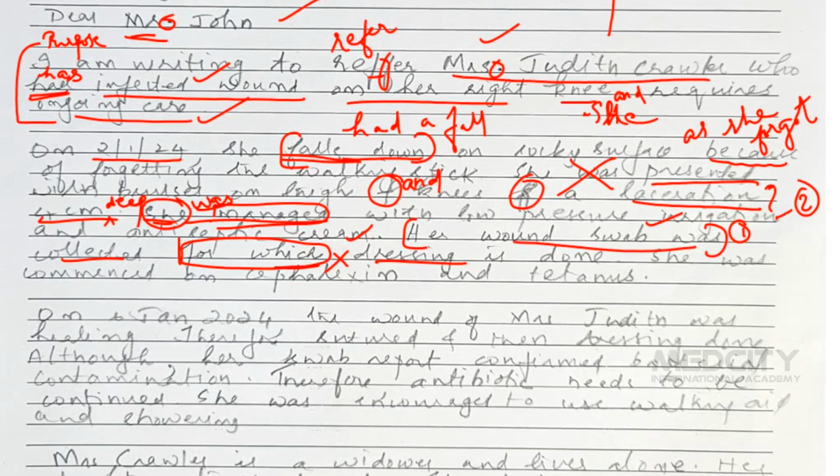Okay, now coming on to the next sentence. She was commenced on cephalexin and tetanus. She was commenced on cephalexin is fine. It's an antibiotic. It was started on 2nd Jan and it is to be continued. But regarding tetanus, is it an ongoing medication? No, it was just a one-time administration. So you cannot say she was commenced on tetanus.